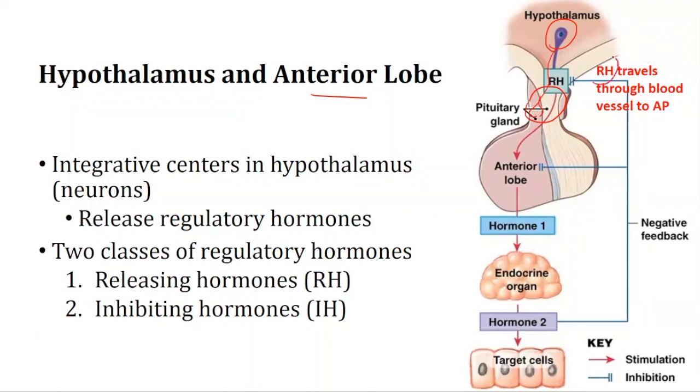Okay, so the regulating hormone produced by the hypothalamus is going to travel through the blood vessels to the anterior pituitary. Not the posterior, where they go directly into the lobe, but for the anterior pituitary, the hormones travel through the blood vessels.